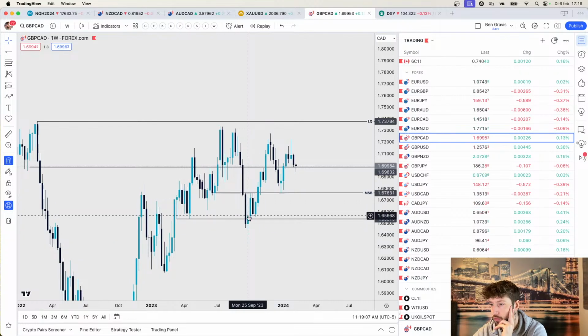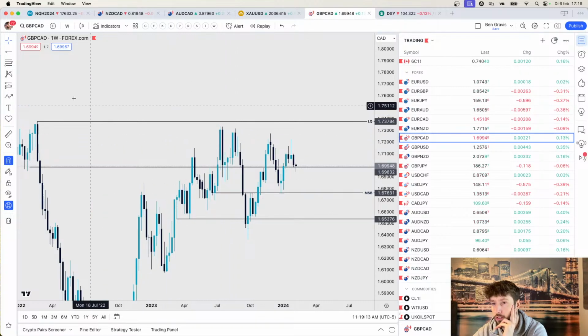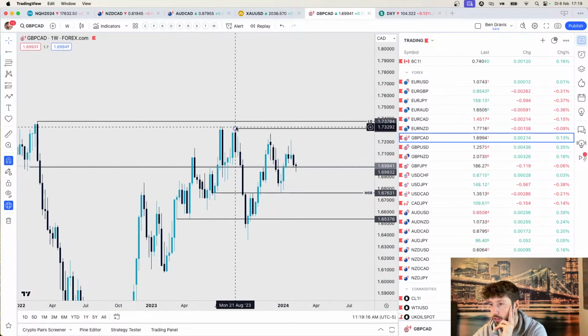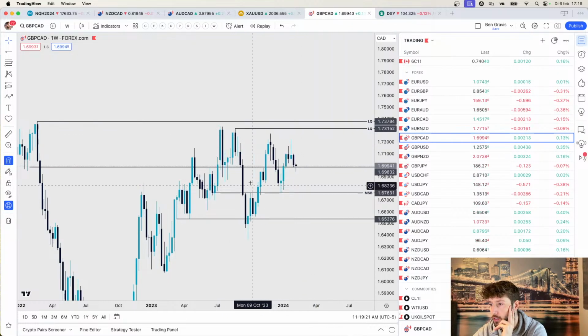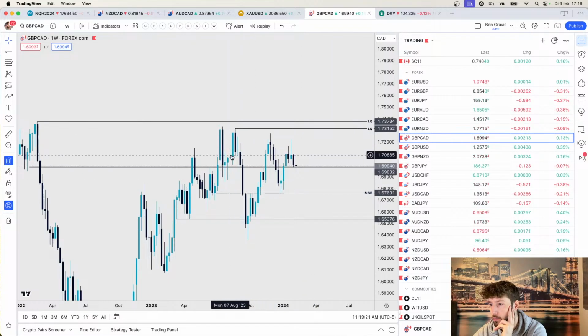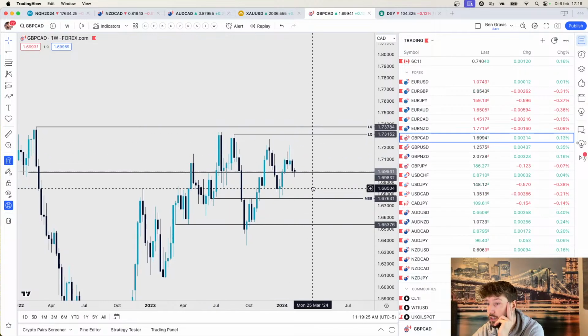We flipped the first fair value gap, so it's seeking liquidity. It was never able to get towards liquidity. So that could mean that we could be looking for a bit higher still.